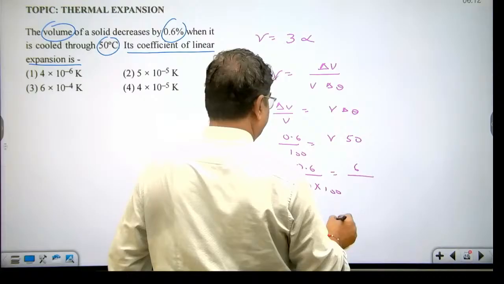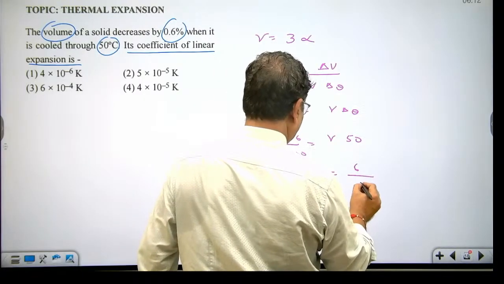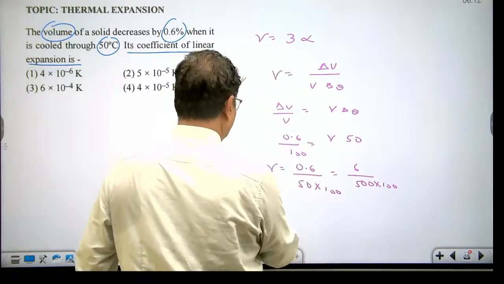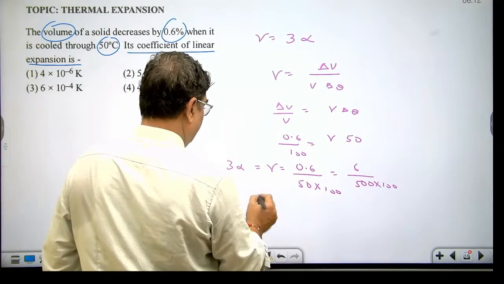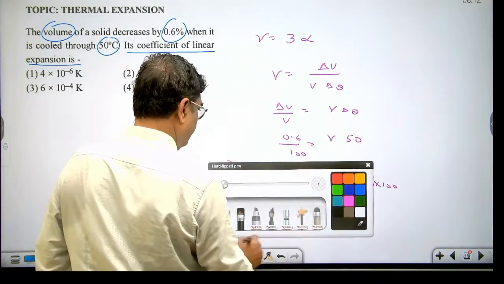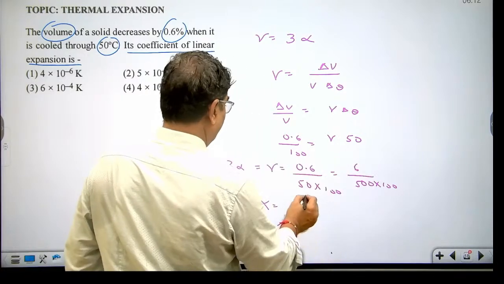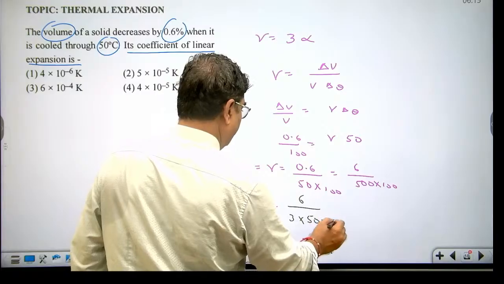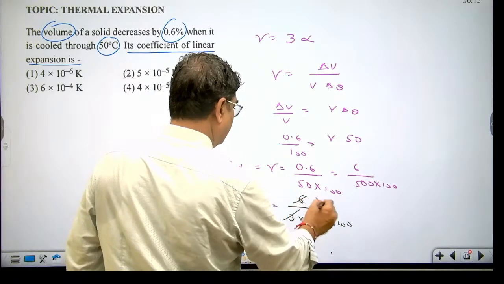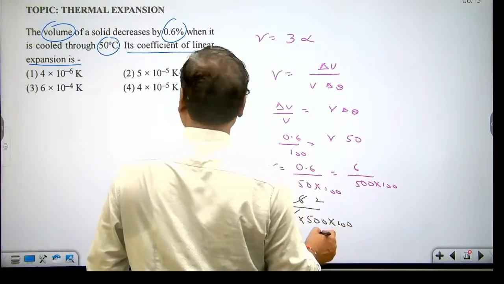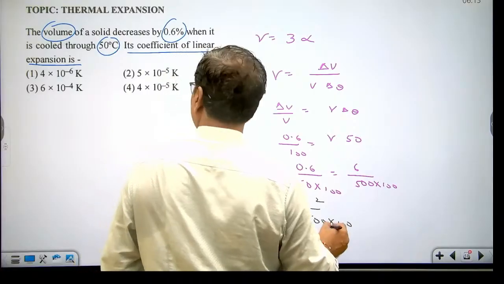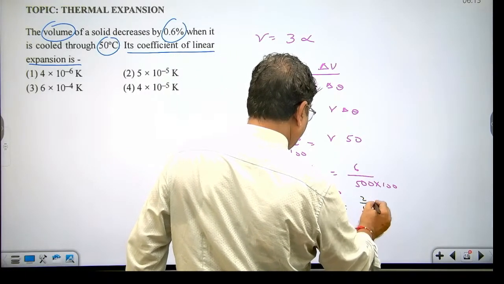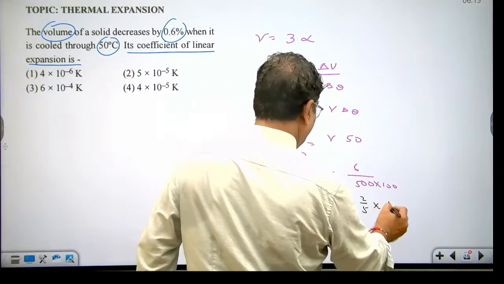This is 6 upon 500 into 100. This is equal to 3 alpha. So alpha will be equal to 6 upon 3 into 500 into 100. This is 2, so this is 2 upon 5 into 10 power minus 4.